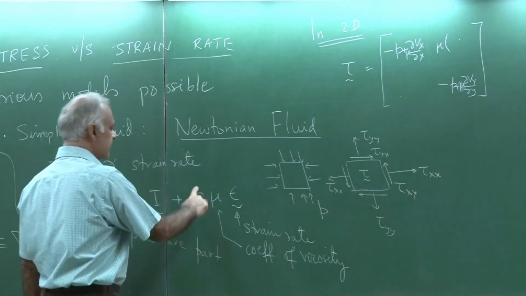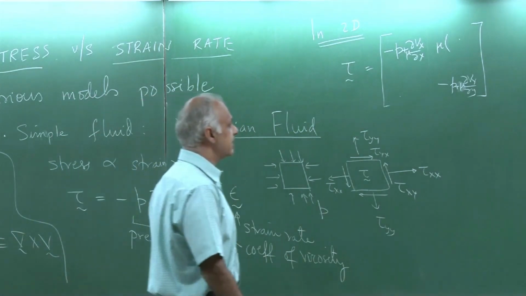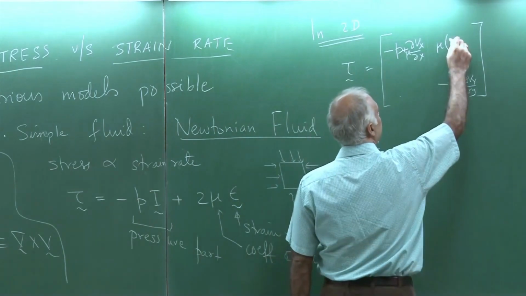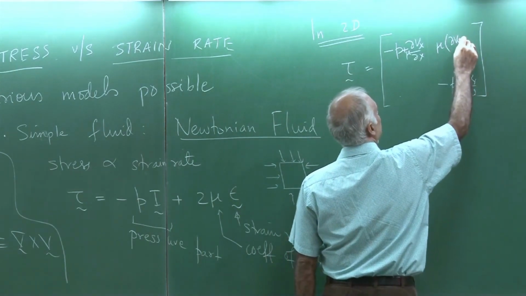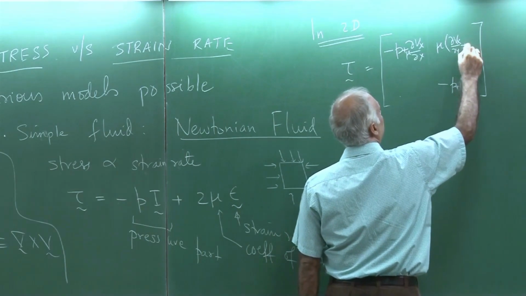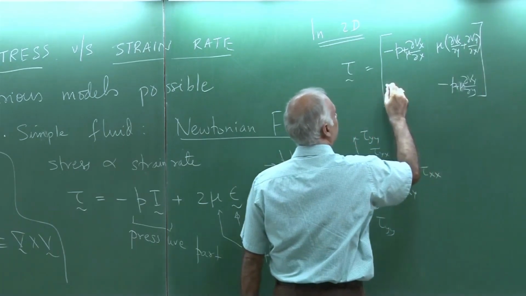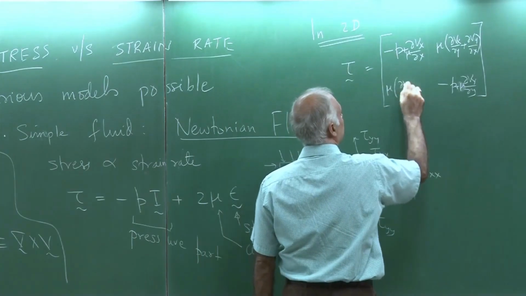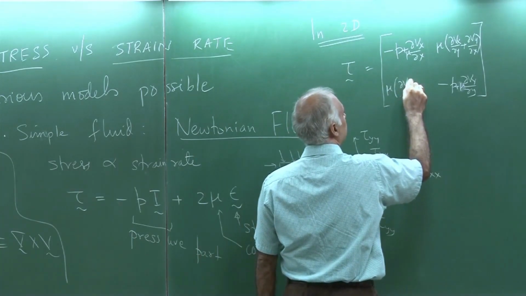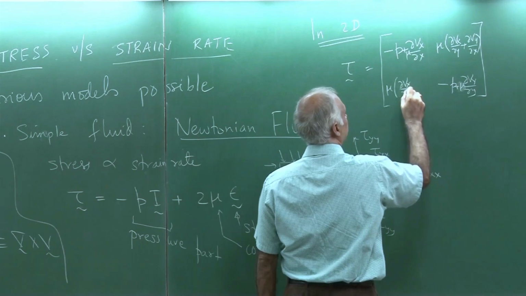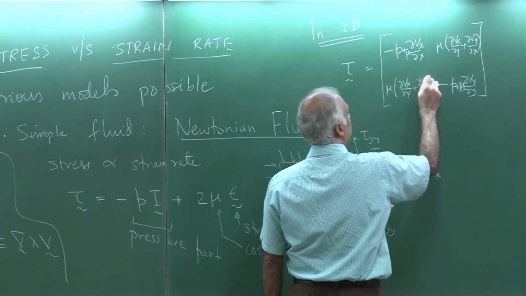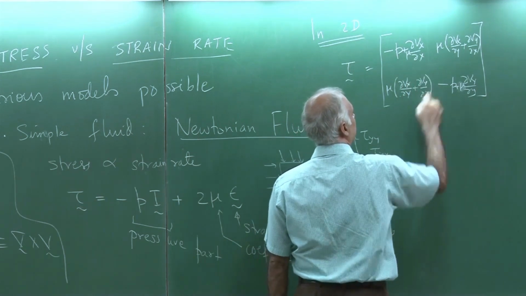And then, as far as the shear strain rates are concerned, they would contribute mu times del Vx by del y plus del Vy by del x. And likewise, the other term here would be mu times del Vy by del x plus del Vx by del y.